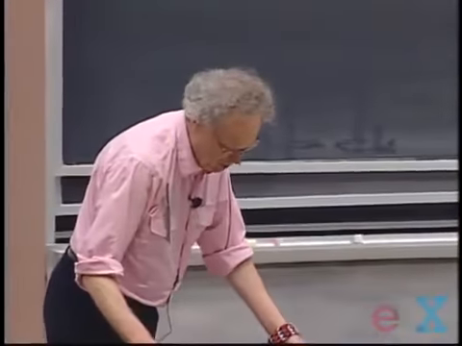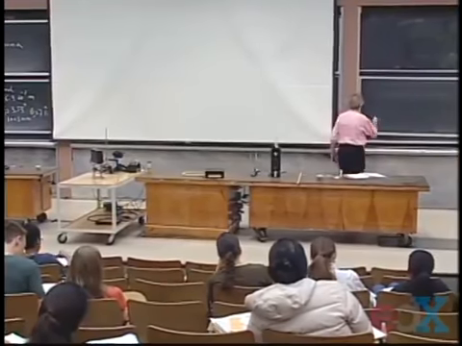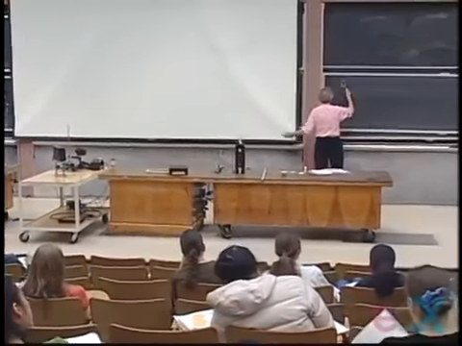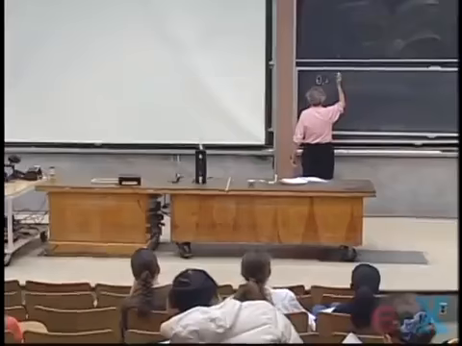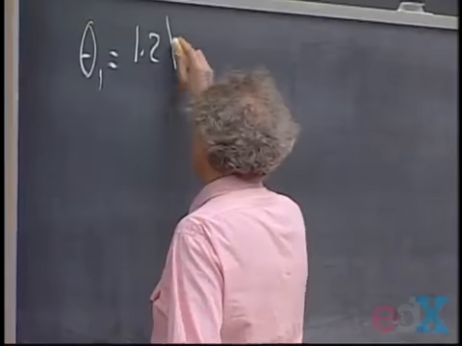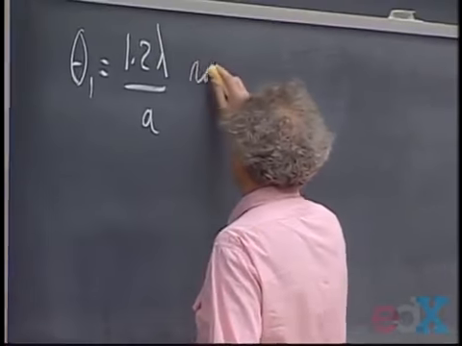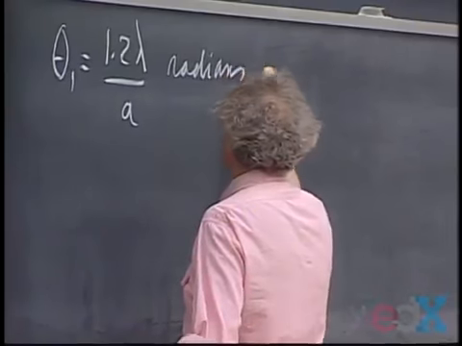In all cases, you are always stuck with the idea that the best you can ever do is that angular separation, theta 1, equal to 1.2 lambda divided by A, and that is then in radians.